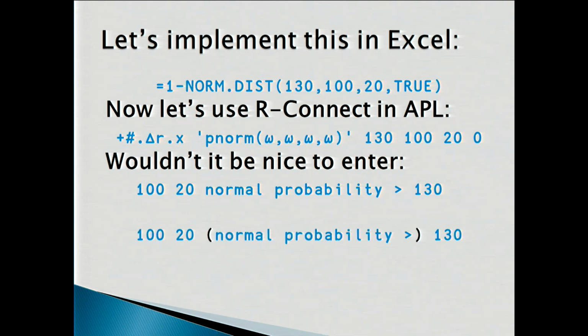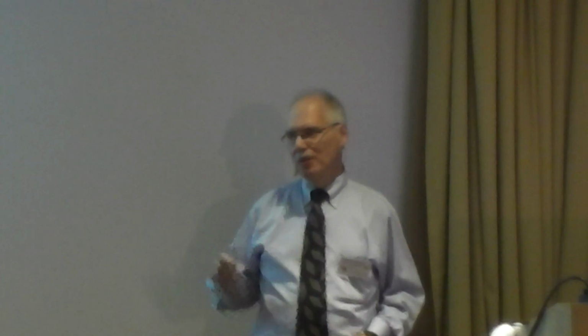If I were to put parens around normal and greater than, what does that look like? It looks like an operator, okay? This is your operator, this is your left operand, this is your right operand. And the left argument are the parameters, and the right argument would be the value that you're interested in. So that kind of gave me a sort of a brainstorm.